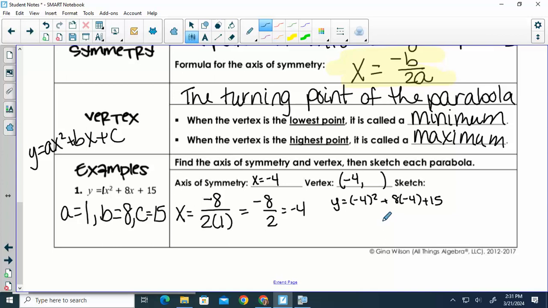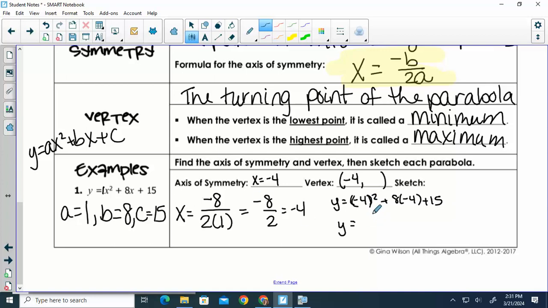And I don't really care if you work that out by hand or if you just want to plug it into your calculator, you have it in front of you, you're welcome to. I'm not going to judge. So you plug that in, and what do we get? No. When you do this -4 squared, make sure you put the -4 in parentheses so when you square it, it becomes a positive.